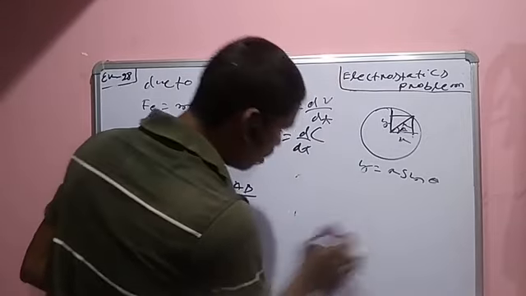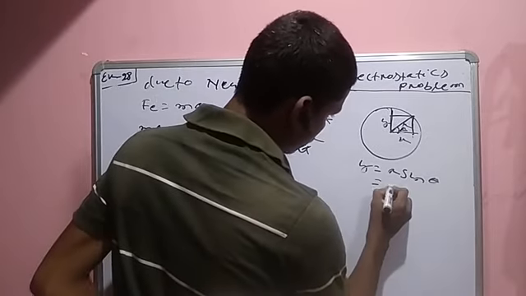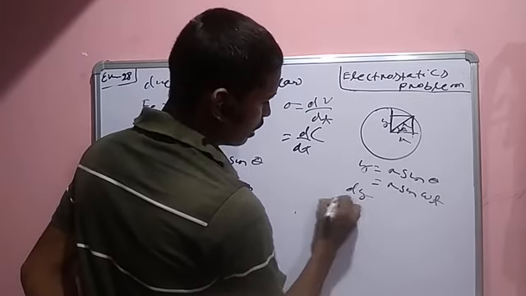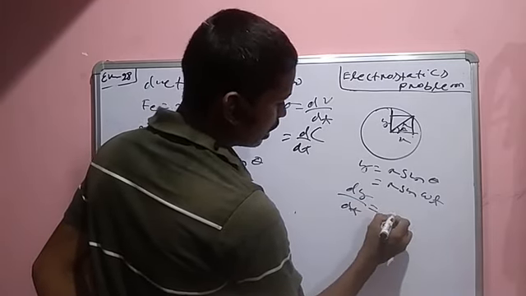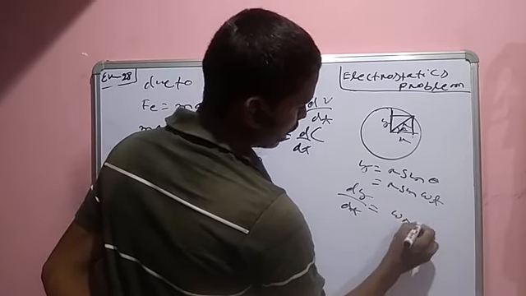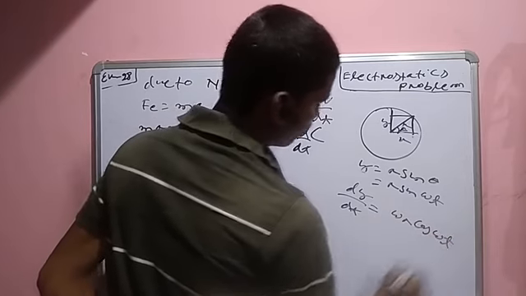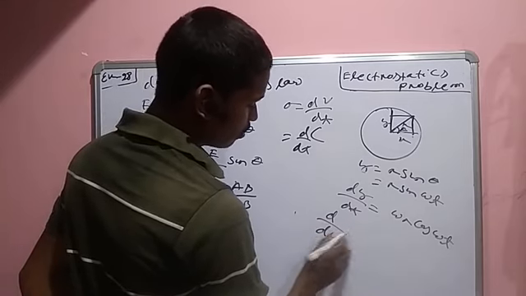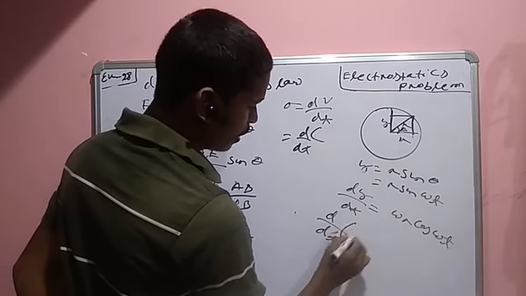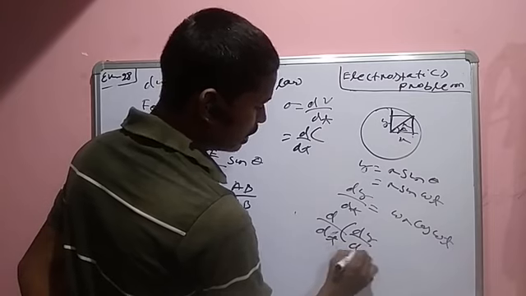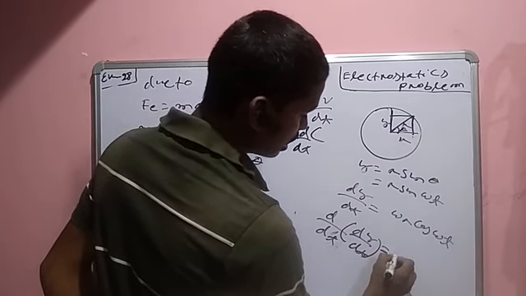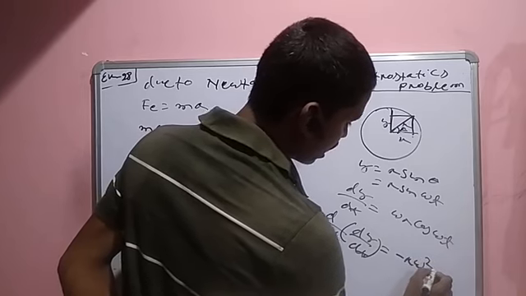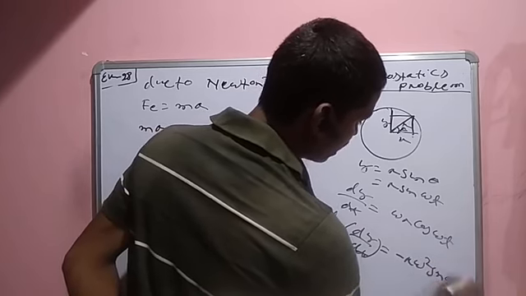Again I will recall. Y is equal to R sin omega t. Dy by dt is omega R cos omega t. Yes or no? Dy by dt is minus R omega square sin omega t.